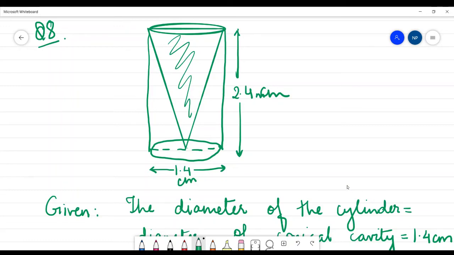It is a conical shape. That is the reason we need the total surface area of the cylinder. That means the cylinder is not hollow, it is occupying the space. That is why we need the total surface area of the cylinder. So let us find out the total surface area of the cylinder.